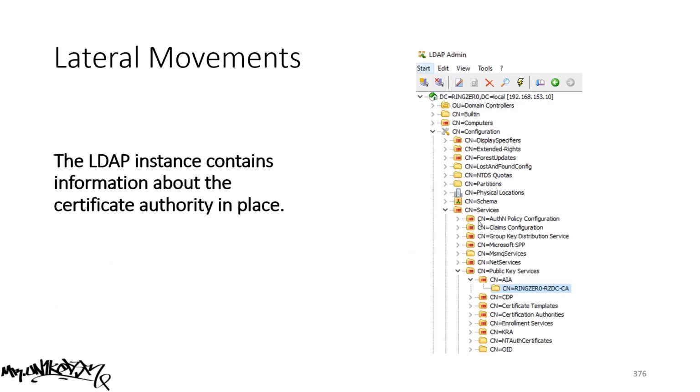And the link between Active Directory Certificate Services and LDAP is that you actually get most of the information inside of LDAP. This is an example of where LDAP Admin is quite useful, right? You have your LDAP instance, in this case ring0.local, and you have all of these OU, CN, and all that stuff, and you realize that most of the information you're looking for is hidden inside of Configuration. You can get to the Services and Public Key Services, and you actually get to your certificate authority name and all that stuff.